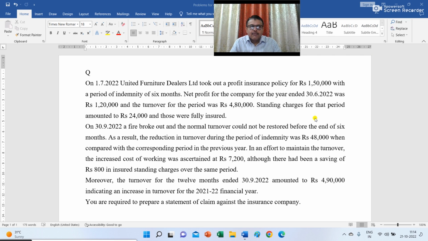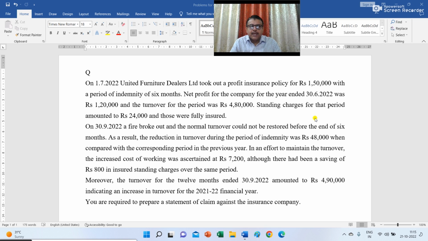Standing charges for that period amounted to Rs 24,000 and those were fully insured. On 30th September 2022, a fire broke out and the normal turnover could not be restored before the end of 6 months. As a result, the reduction in turnover during the period of indemnity was Rs 48,000 when compared with the corresponding period in the previous year.